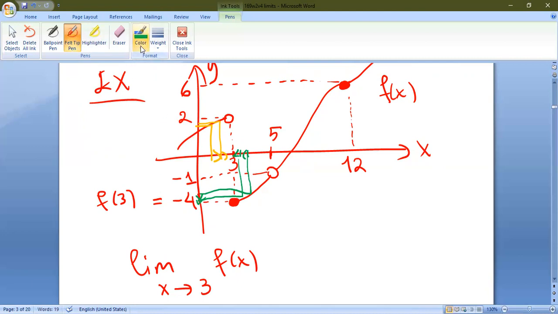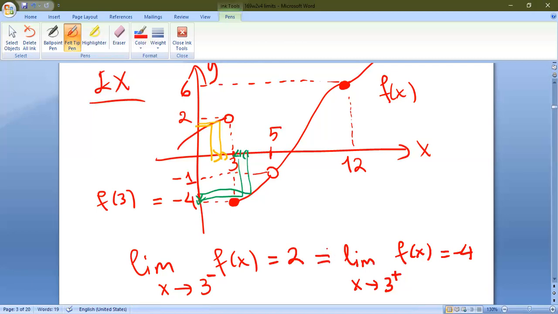We also show it by writing a minus on top of 3, which means the limit from the left: the outputs of the inputs from the left are equal to 2, but the output values of the inputs from the right of 3, the green ones, are equal to minus 4.